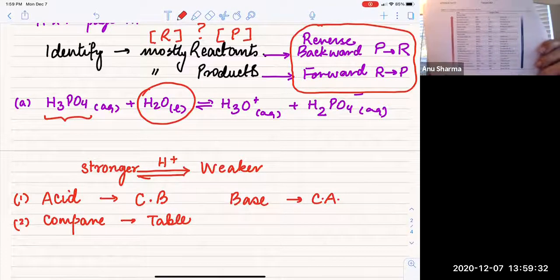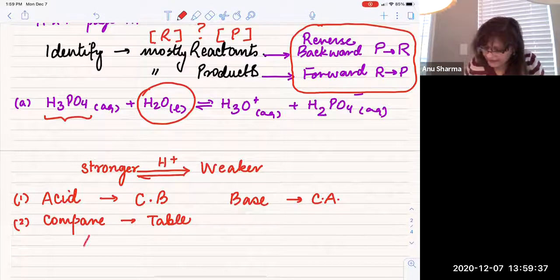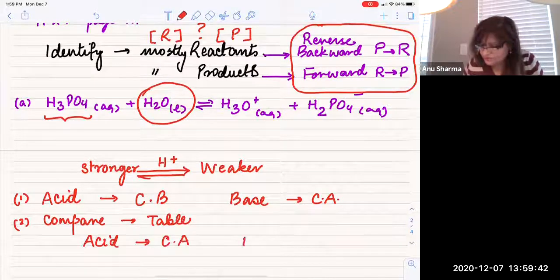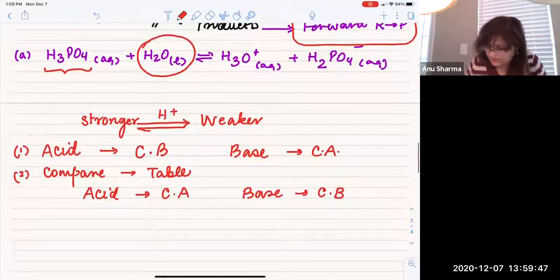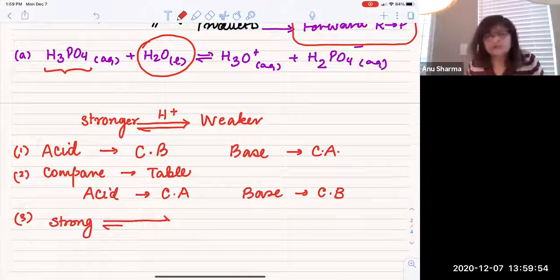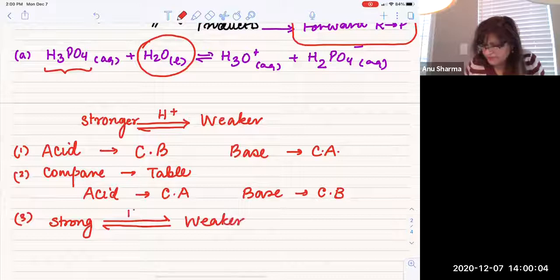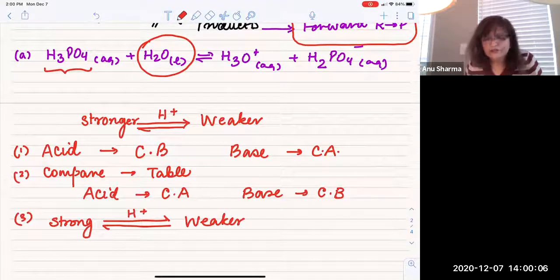In this table you are going to compare an acid to the conjugate acid, and compare base to the conjugate base, and then identify the stronger side, and move the direction of the equilibrium with a big arrow toward that side and a small arrow going the other way. So this is going to be from the stronger to the weaker side, and that is where the proton, the hydrogen ion, is being transferred.